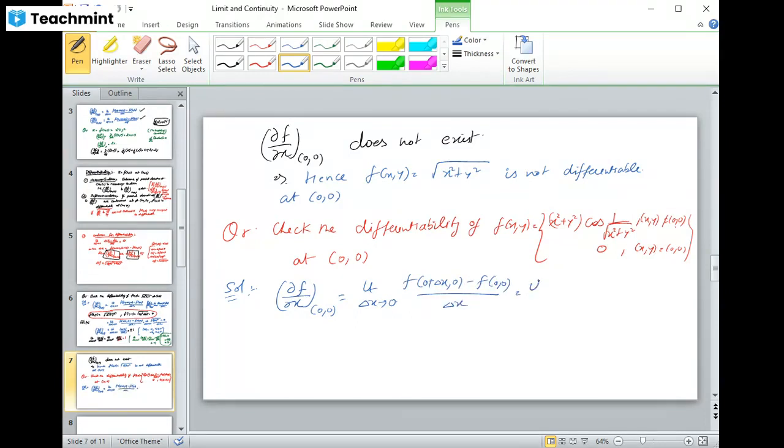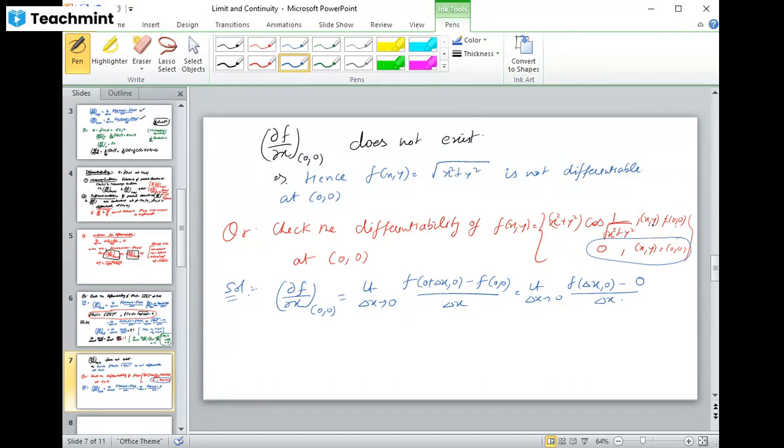Now your function is already defined at the point (0, 0), and its value there is 0, upon delta x, right?